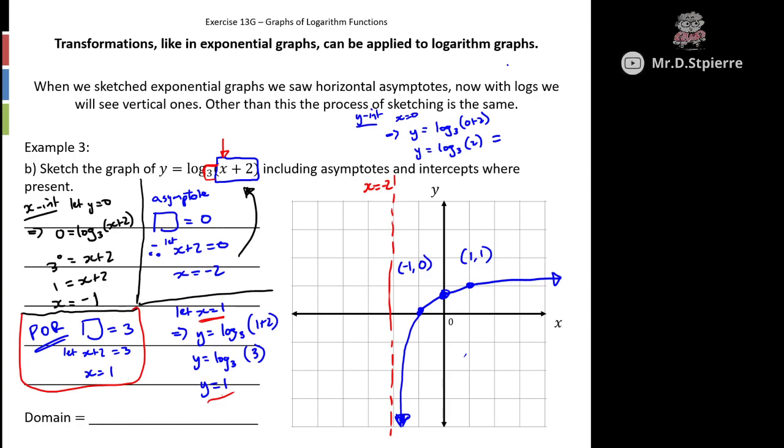Let's see if I can do this on my phone, but I think it's about 0.68. That's going to do log base 10 of it.